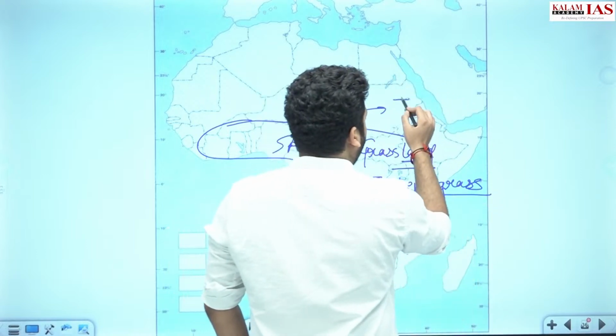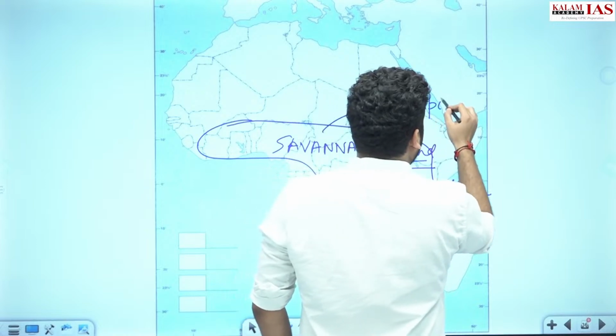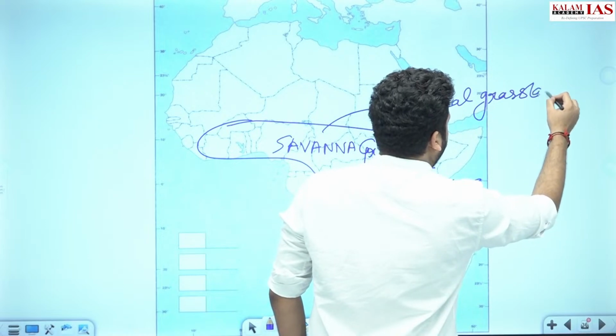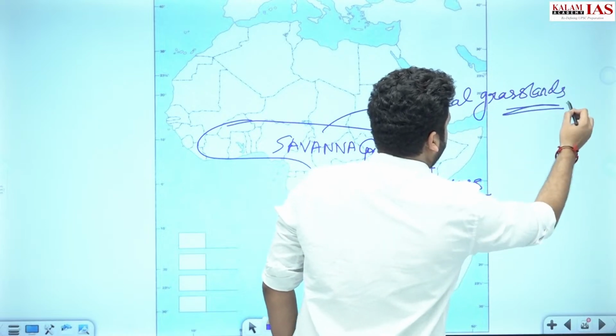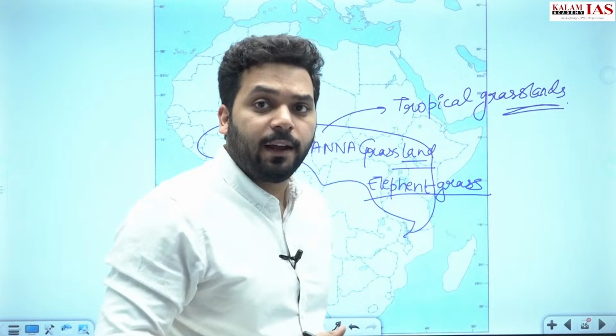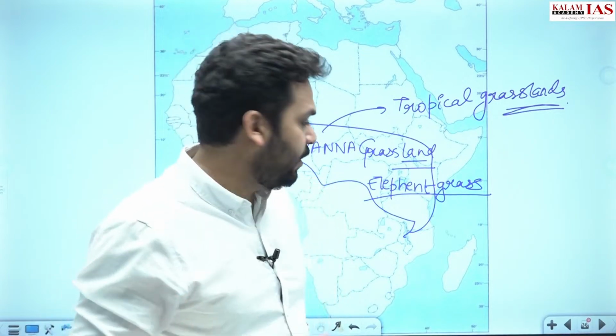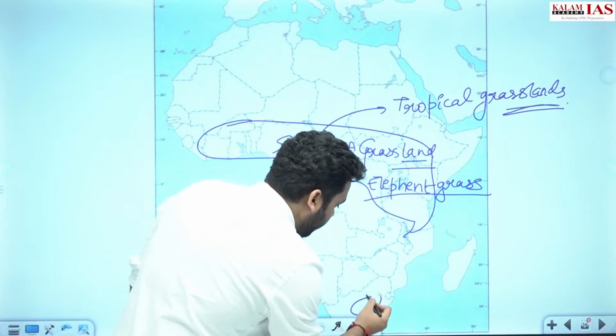Savanna grasslands are tropical grasslands. Okay, there are two types of grasslands, tropical grasslands and temperate grasslands. Temperate grasslands are simple, which are found in temperate region, you know, velds of South Africa.